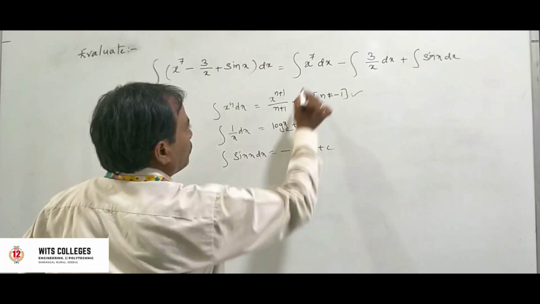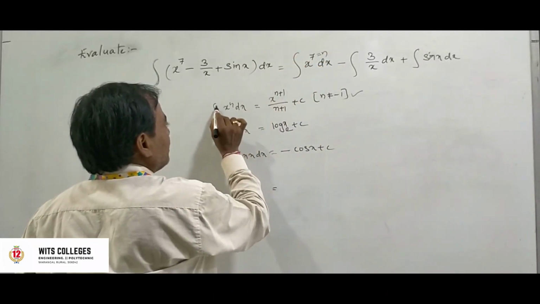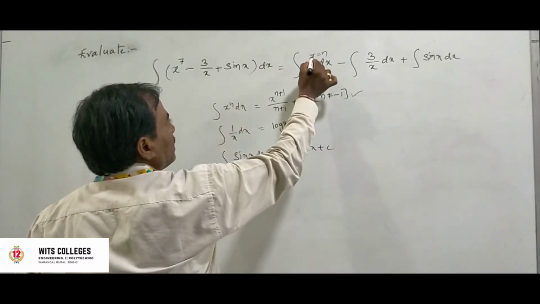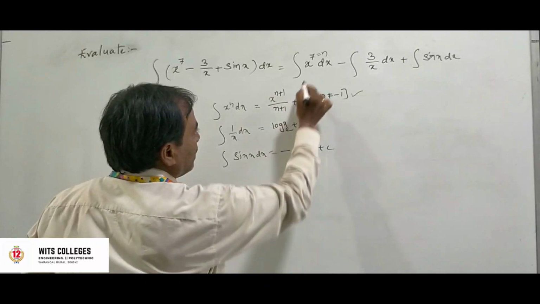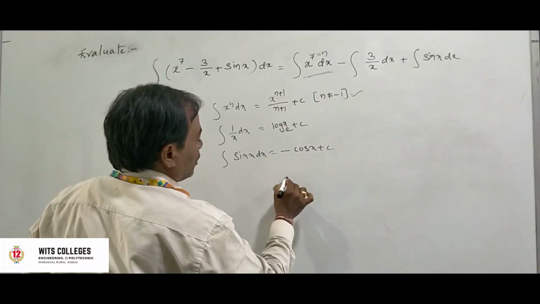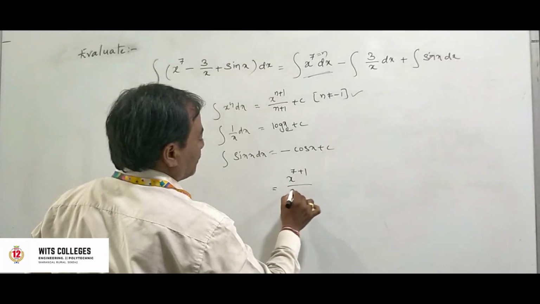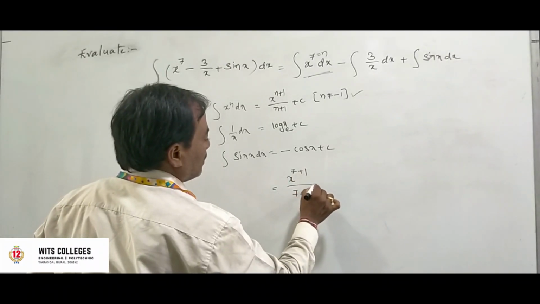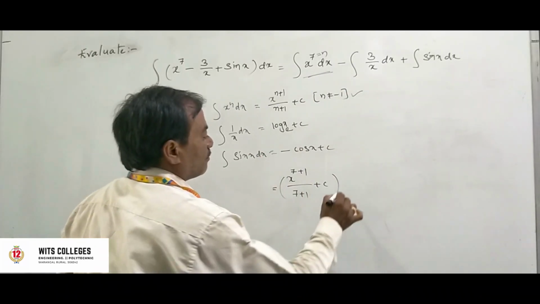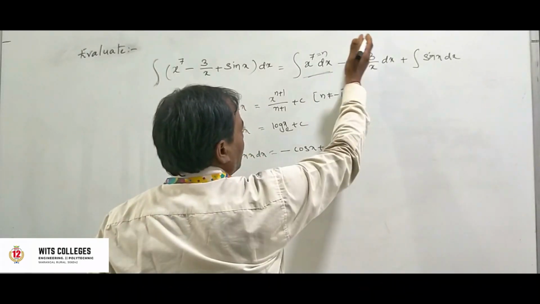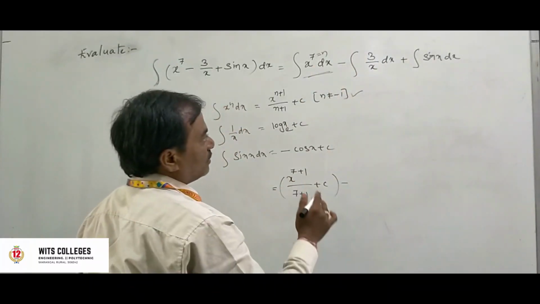This is equal to, so now compare this integral with integral x to the power of n. What is n here? n equals 7. So we write the right hand side: x to the power of 7 plus 1 by 7 plus 1 plus c, minus, we shift 3 outside the integration, then we find that integral value.